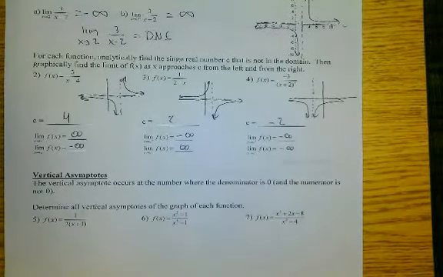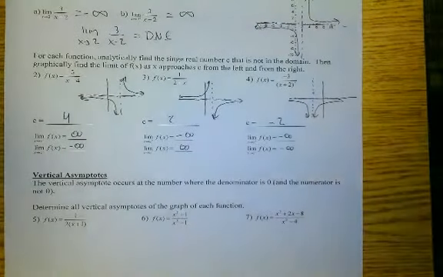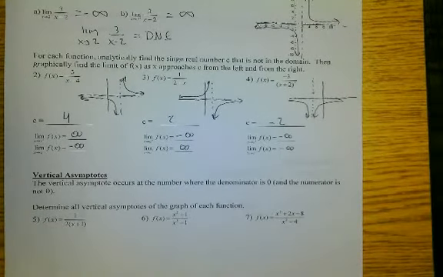So, number 4, once I figure out my asymptotes, I did not assume that it's alternating, okay? Don't assume that. It doesn't always happen that way. It doesn't take you that long to check a couple points. But if you just think for a moment, because your numerator is negative, no matter what you plug in there, it's going to turn negative, which means you're always going to be below.